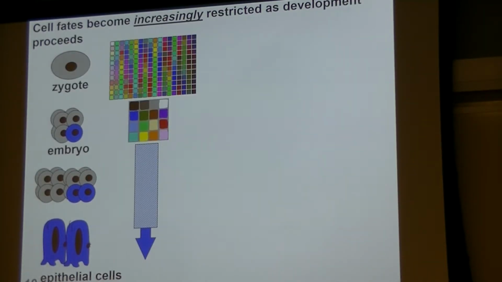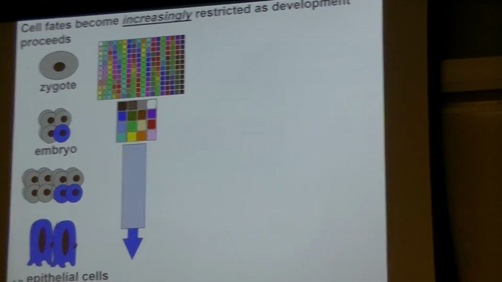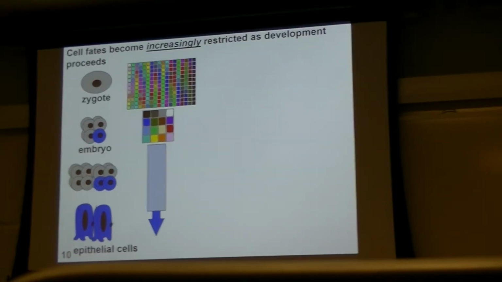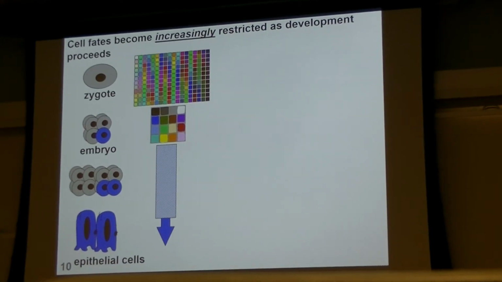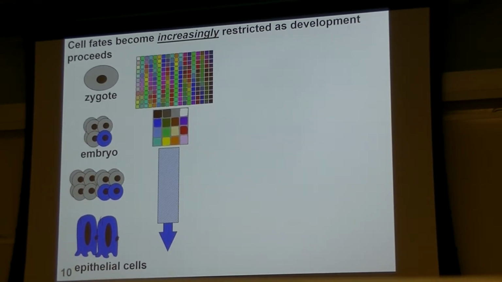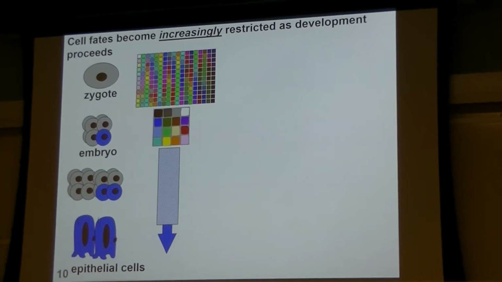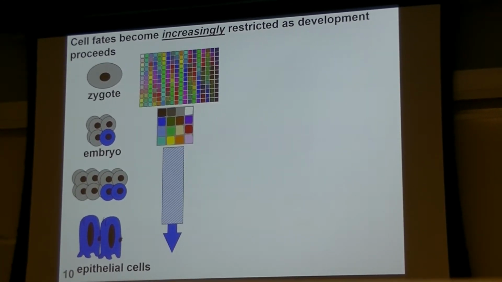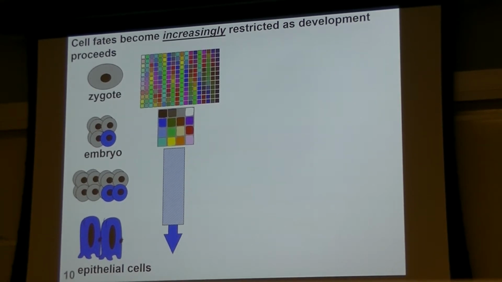Another theme that we'll see is that as the embryo grows and goes along, the choices for any given cell about what final cell fate it will adopt become increasingly more restricted. So here I have the zygote up at the top, and by definition, this is the mother cell for all other cells that the organism will ever have, right?